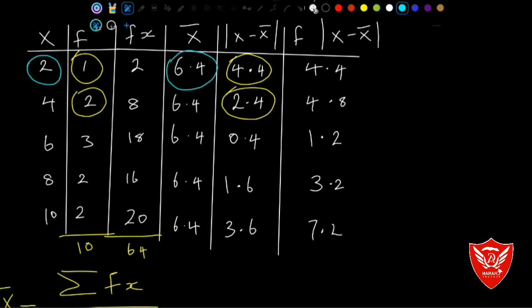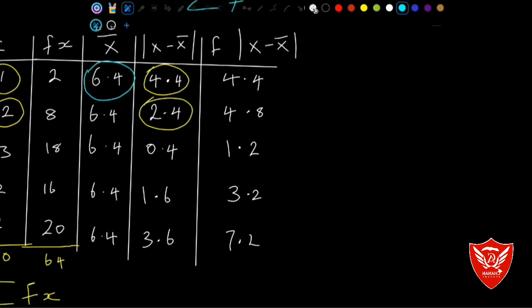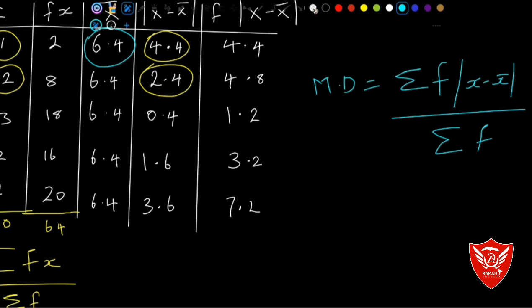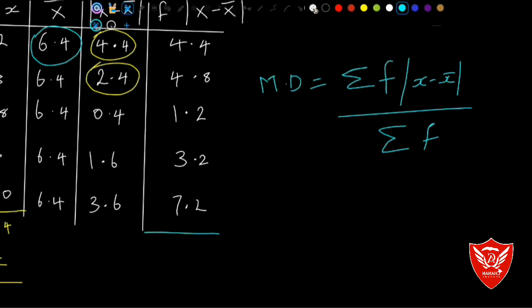And don't forget, the mean deviation is equal to the summation of the product of f and x minus x bar all over the summation of the frequency. So now let's sum the product. If you sum this side, we are going to have 20.8.